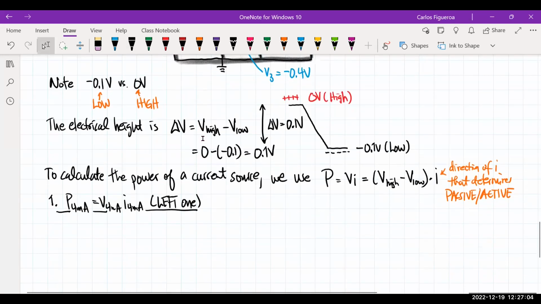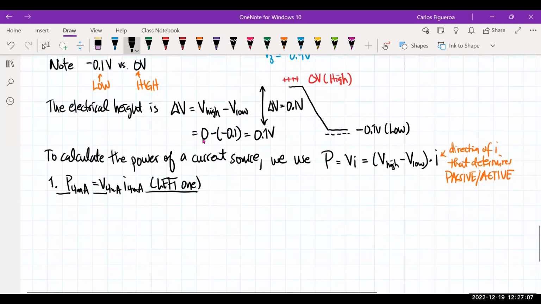If I look at my current source there, I see a current source that looks like this. And I know that this guy's a 4 milliamp. This guy has this node right here, and we know that this node is V1, which is minus 0.1 volts. Down here, I have my ground, which is, of course, at 0 volts.